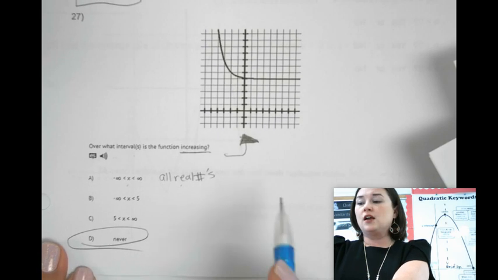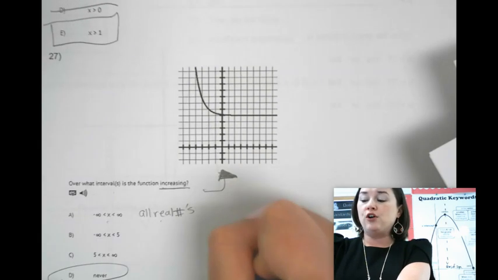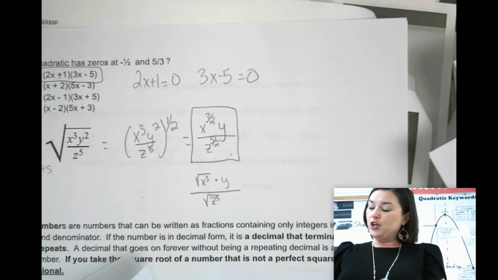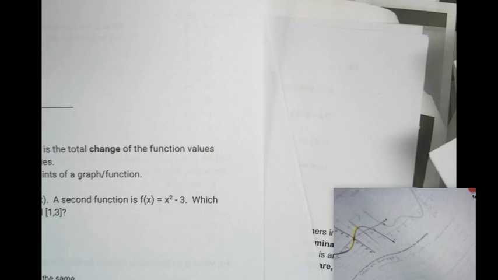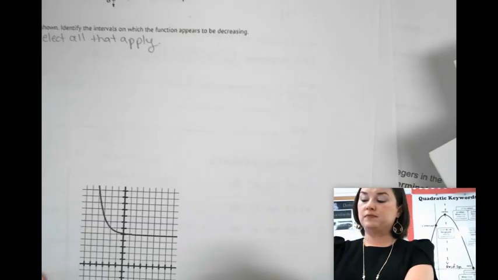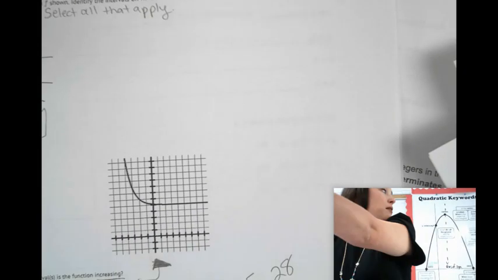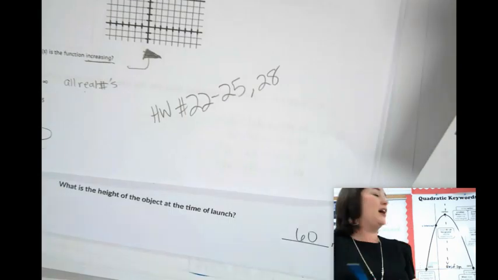All right, let me tell you what numbers you have for homework tonight. Numbers 22 through 25 and 28. So 5 problems, numbers 22 through 25 and 28.